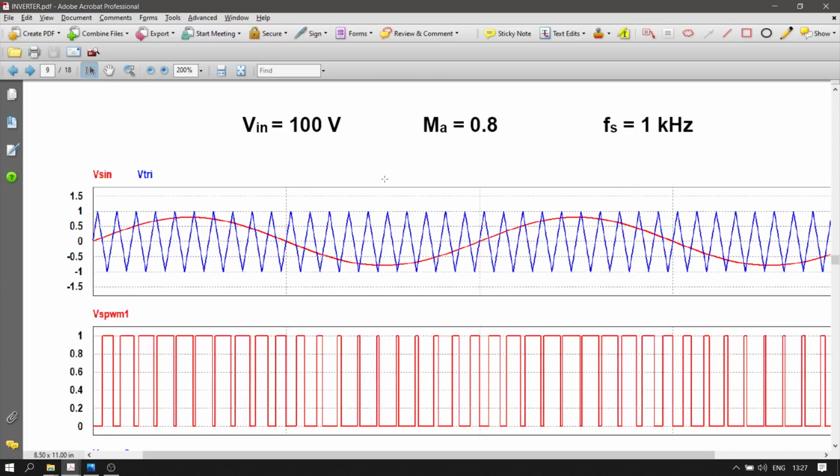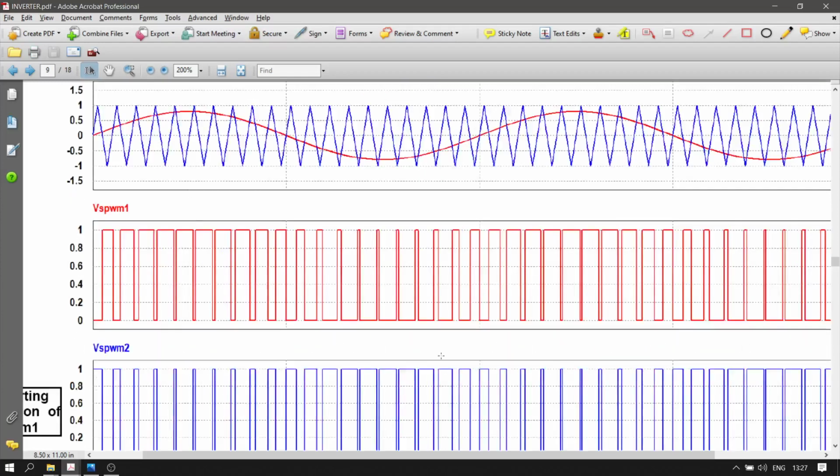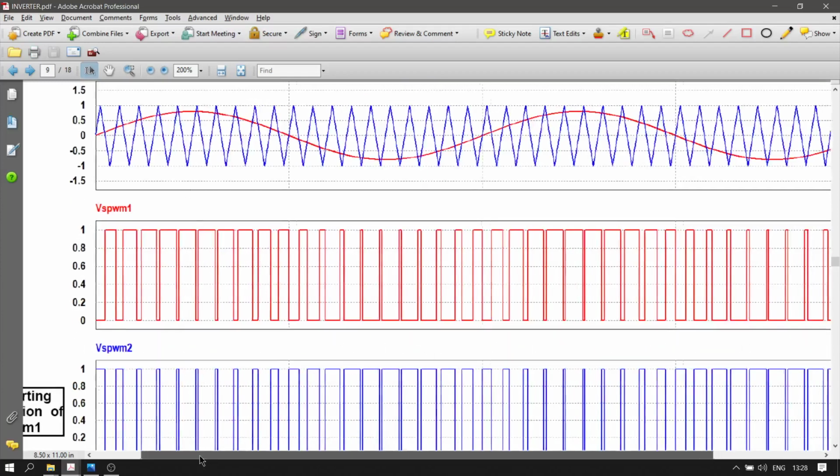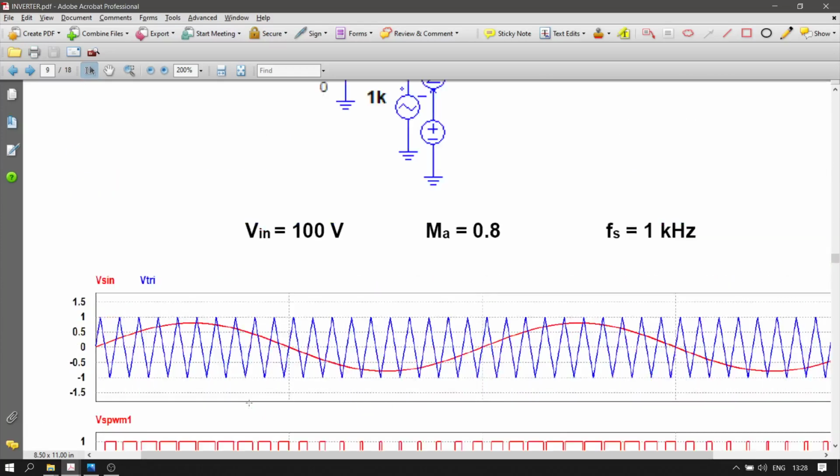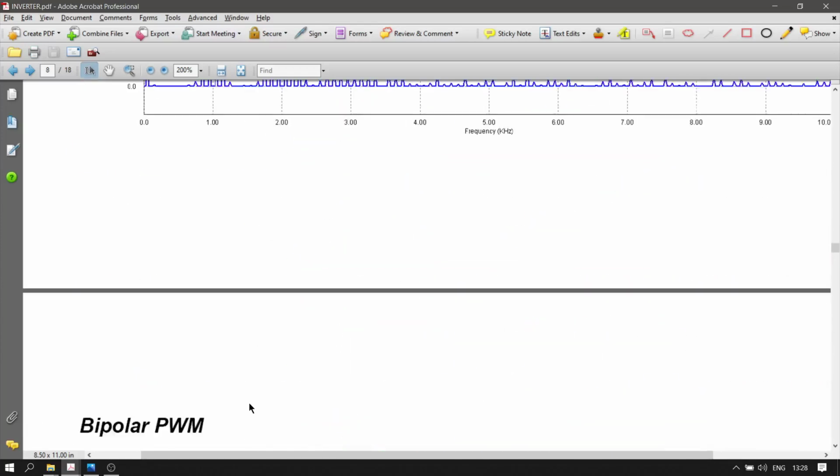This should be understood. Just practice and then compare with the simulation. That's the best you can do. Don't forget about the bipolar PWM. It is also important.